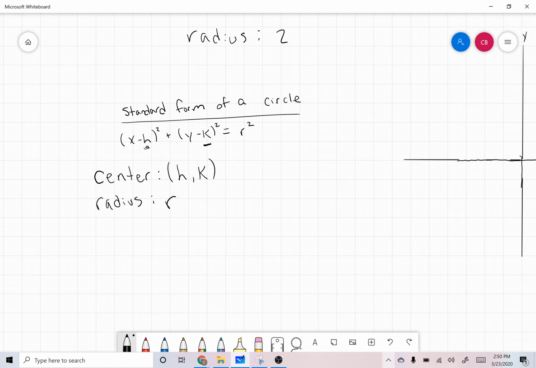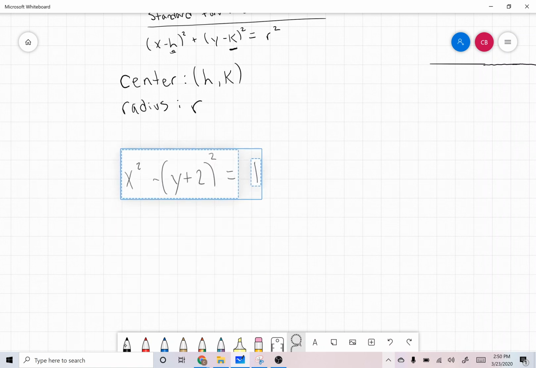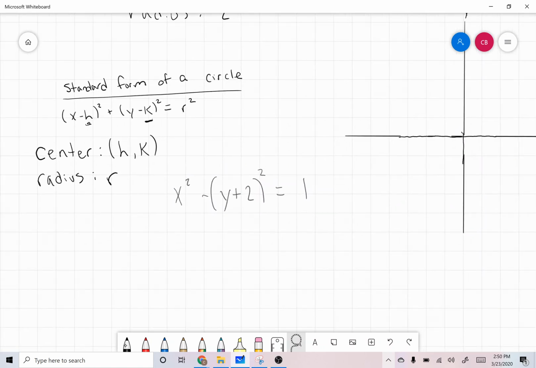So with that being said, if we look at this equation, let's identify h, k, and r and see if we can graph this circle. We have x minus h. There's nothing being subtracted from x, so in this case, h must equal 0. Then k is, if we look here, we notice that this is positive 2, so k is lying in this case, so that's negative 2.